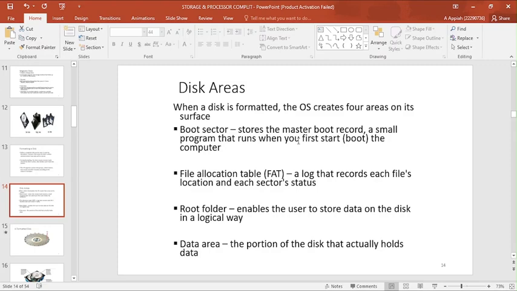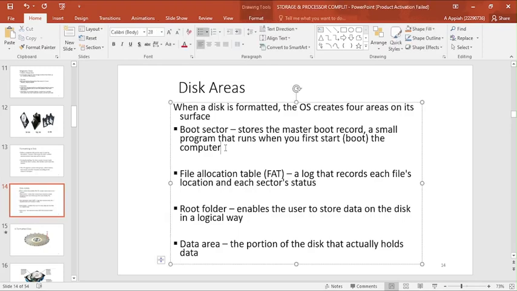The master boot record is a small program that runs when you first boot the computer. So when you turn your system unit on, the hard drive has this area called the master boot record, which contains a program that runs when the computer is booted on.